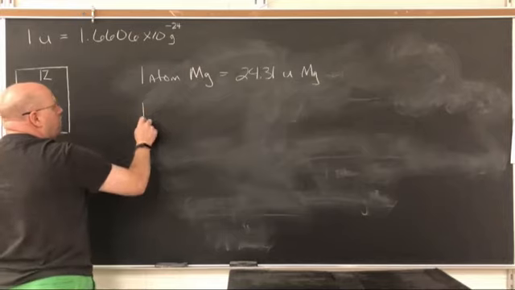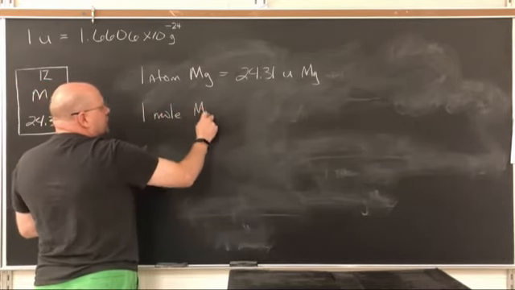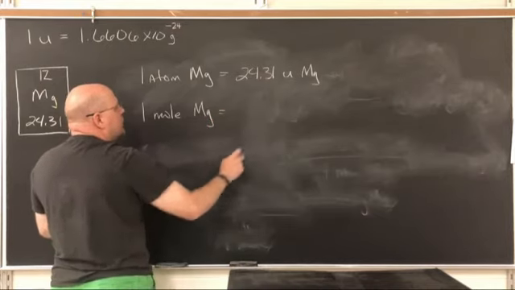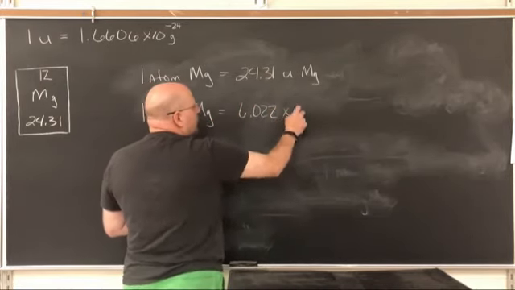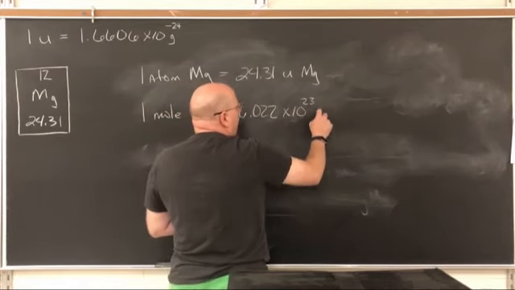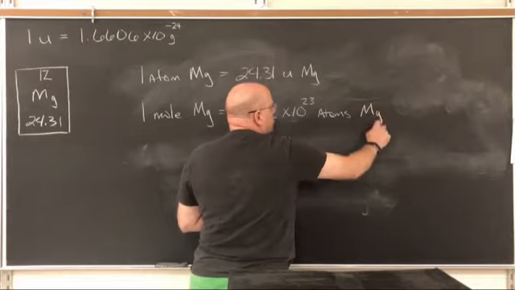We know that 1 mole of magnesium is equal to 6.022 times 10 to the 23rd atoms of magnesium.